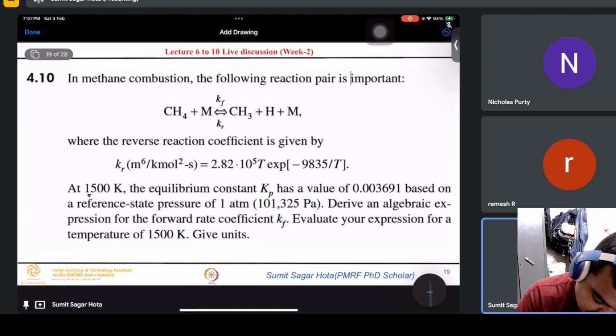At 1500 Kelvin, the Kp value is given, Kp value at the current state temperature. So we have to find out the expression also.